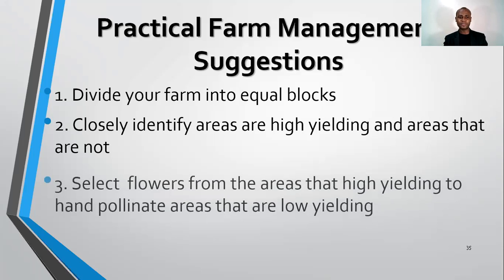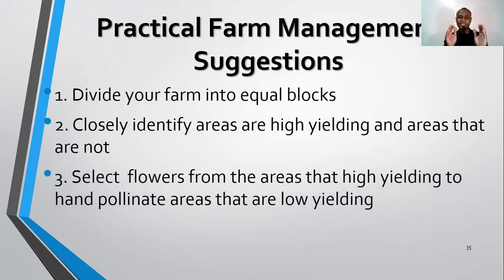If you're able to do that, number 3, select flowers from areas that are high yielding to hand pollinate areas that are low yielding. So what you are going to do is transfer flowers from plot A to plot B, in case plot A bears more fruit than plot B. So you are helping in the process of cross-pollination.